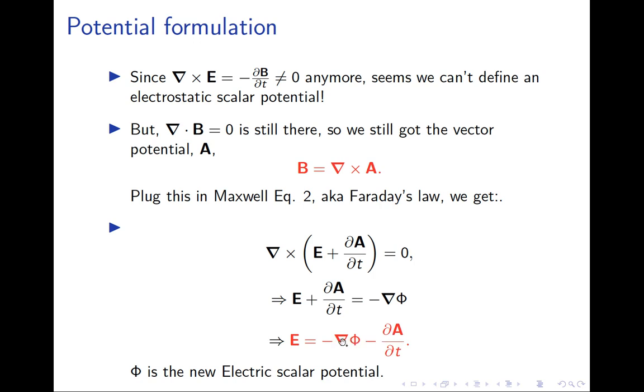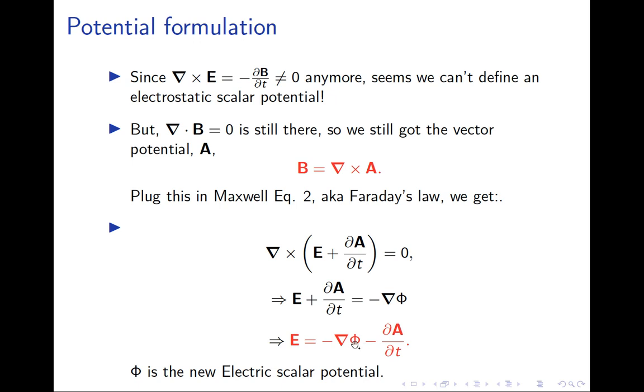So we see that we can invent an electric potential for a time varying situation, except it doesn't determine the electric field by itself. It also needs the vector potential to define the electric field. And you can ask, what do Maxwell's equations look like if we substitute in terms of A and phi? We know for electrostatics, for example, the Gauss law looks like the Poisson equation, right?